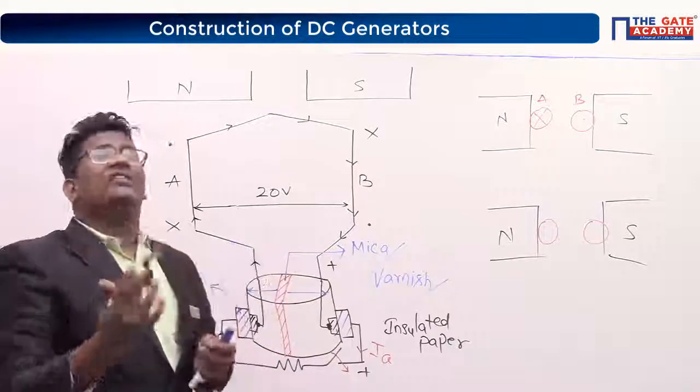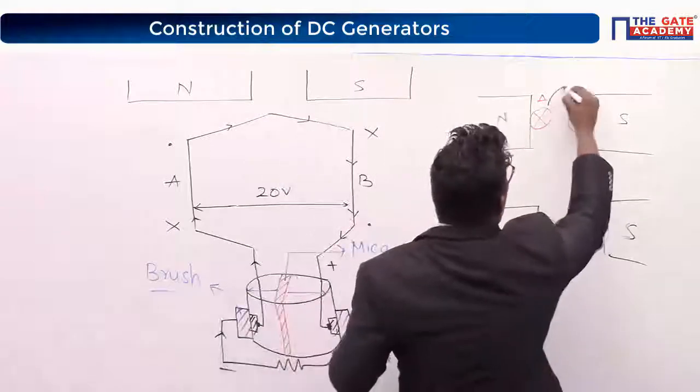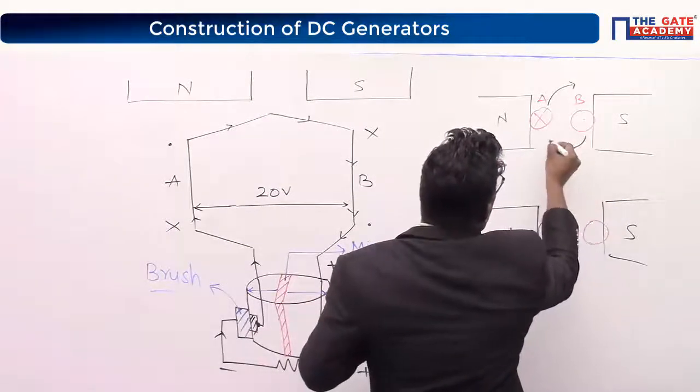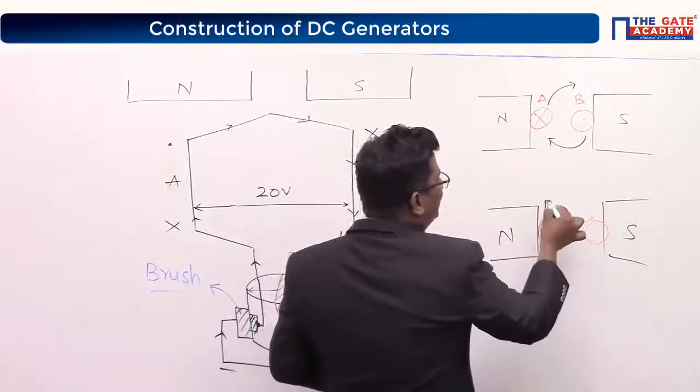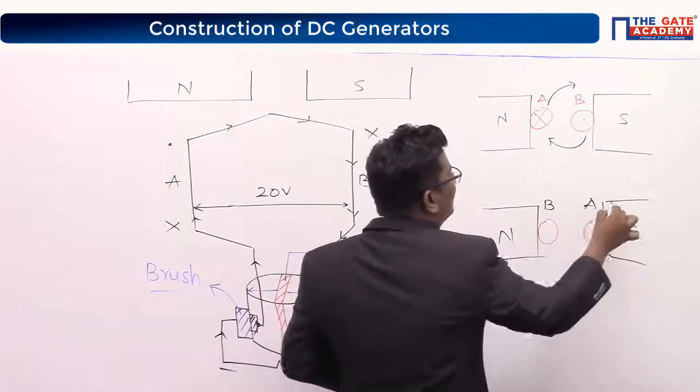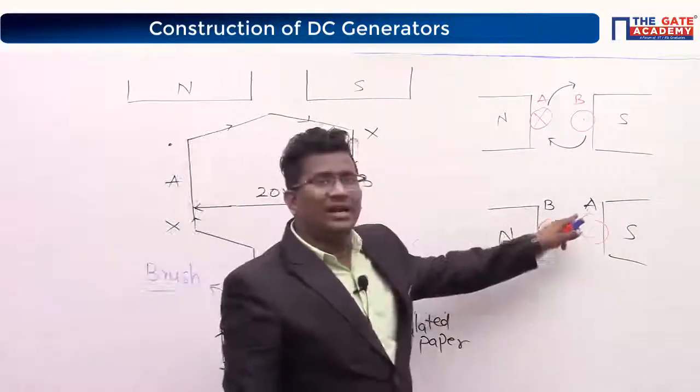After 180 degree revolution, your conductors move like this. Can I say conductor B will come here and conductor A will come here? Yes or not?